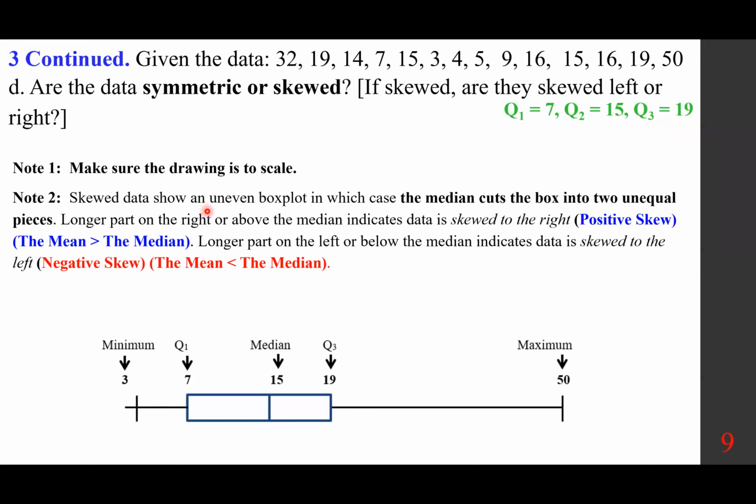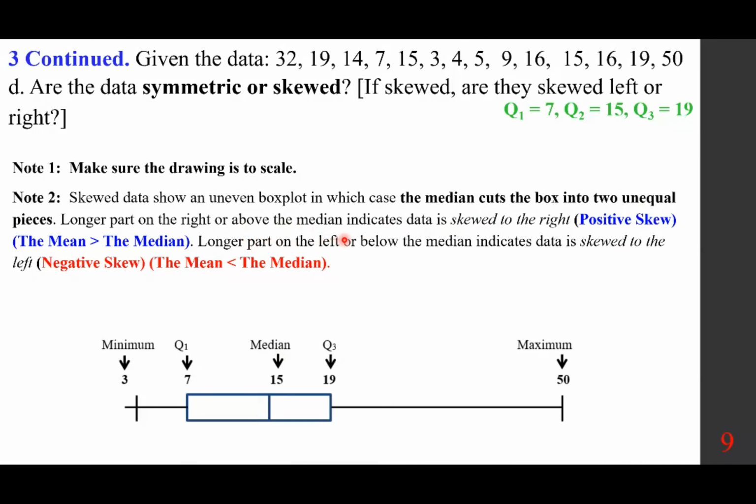skewed data show an uneven box plot, in which case the median cuts the box into two unequal pieces. Longer part on the right or above the median indicates data is skewed to the right or positive skew, or the mean is larger than the median.